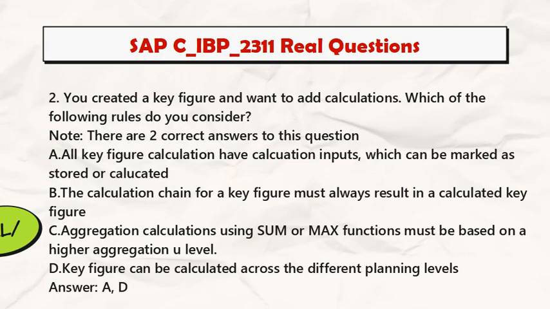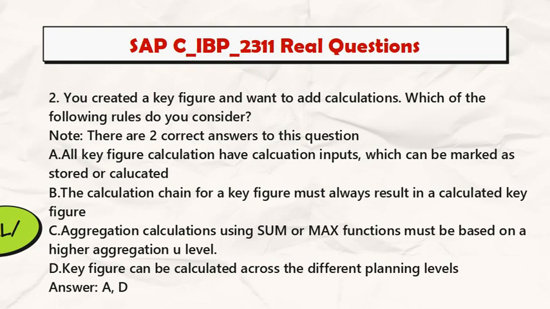2. You created a key figure and want to add calculations. Which of the following rules do you consider? Note: There are two correct answers to this question. A. All key figure calculations have calculation inputs, which can be marked as stored or calculated.